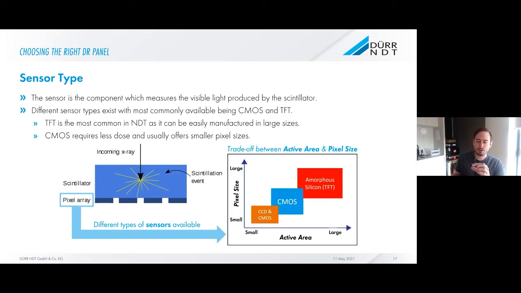We have a DR7, a really small 25 micron pixel pitch CMOS detector. So CMOS gives you smaller pixels compared to amorphous silicon. And again, it's a trade-off, as you can see in this diagram. With large TFT, you can get large active areas, easy to manufacture large panels, but the pixel sizes are generally larger. So again, application dependent.